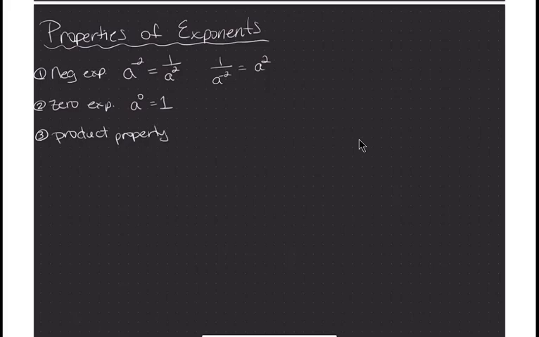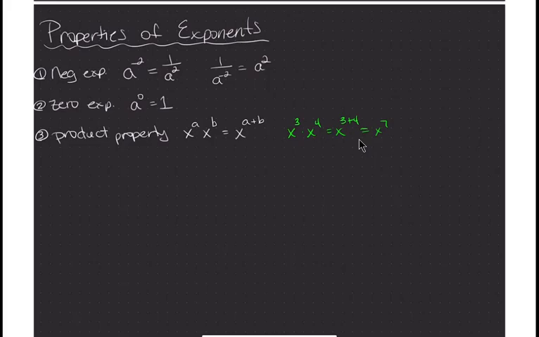Product means multiply, so we're going to have, let's say, x raised to the a times x, the same base, raised to the b. That's going to be where we just add those exponents together, so that would be x to the a plus b. So for example, if we had x to the 3rd times x to the 4th, that's going to equal x to the 3 plus 4, which is x to the 7th, right?